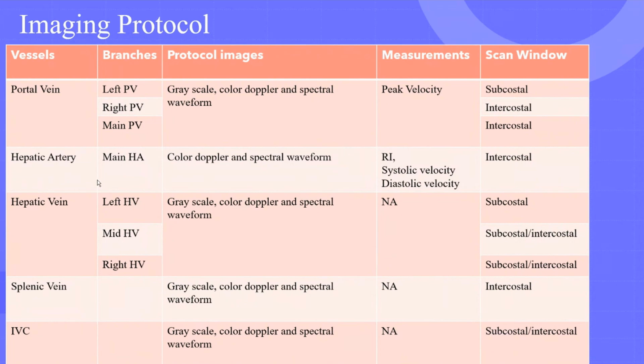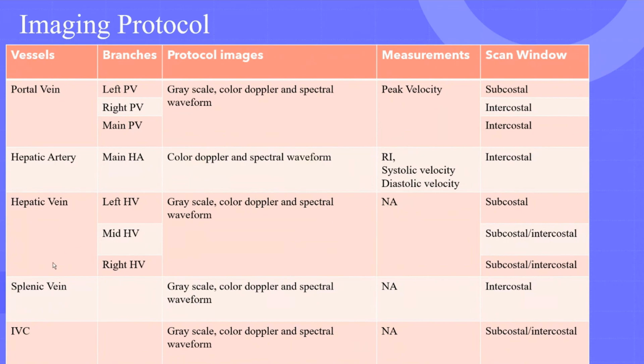For the hepatic veins, the three branches, left, mid, and right hepatic veins, grayscale, color Doppler and spectral waveform will be taken. There's no measurement required. For the left hepatic vein, normally it is subcostal. For the mid and right hepatic veins, it will be subcostal and intercostal, depending on patient habitus and condition.